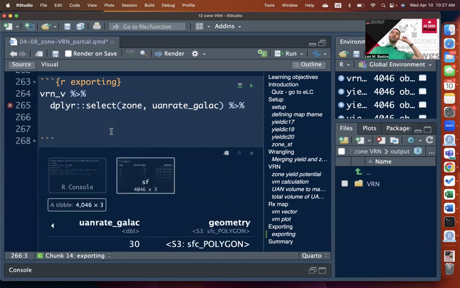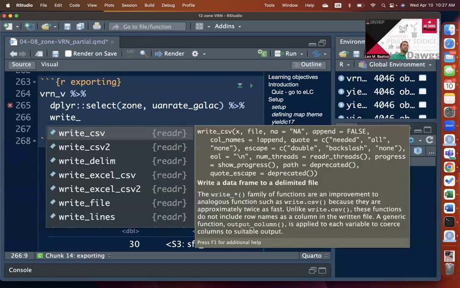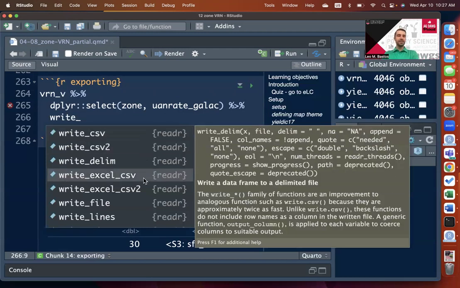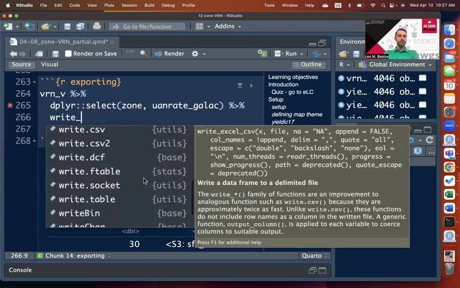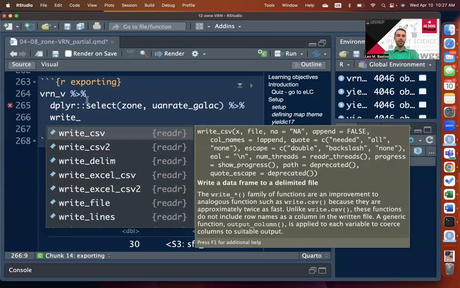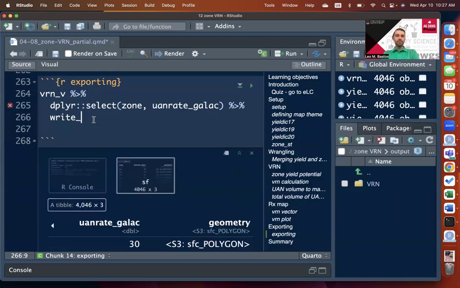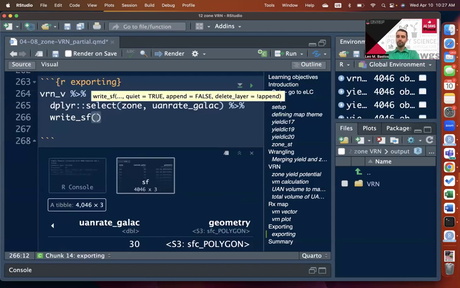What function do we need here? write_sf, right? So every time you're exporting something, I want you to think of write, except for ggplot. For ggplot we use ggsave, but everything else we need to use a write function. As you can see, there's a whole bunch of options depending on what it is that you're exporting. In our case, it's an SF object, so write_sf is the function we need.